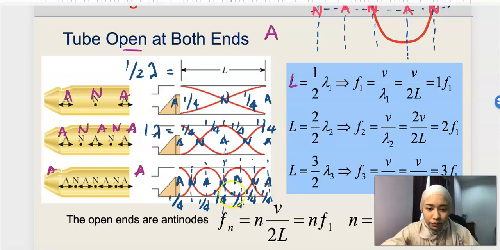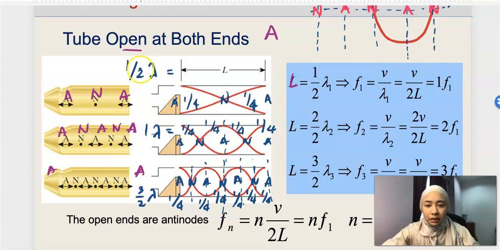So I have 1, 2, 3, 4, 5. And A and A and A and A. So 1, 2, 3, 4, 5, 6. So I get 6 times 1 over 4 is 3 over 2. So that is 3 over 2 lambda.